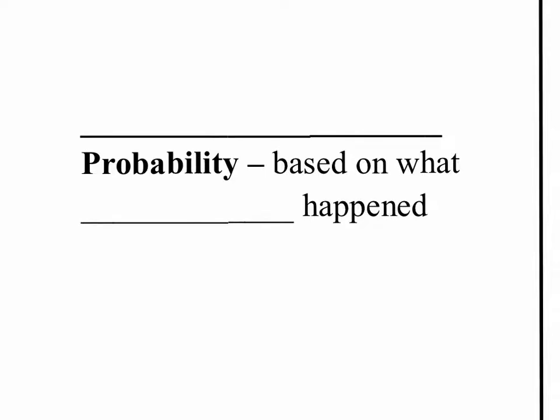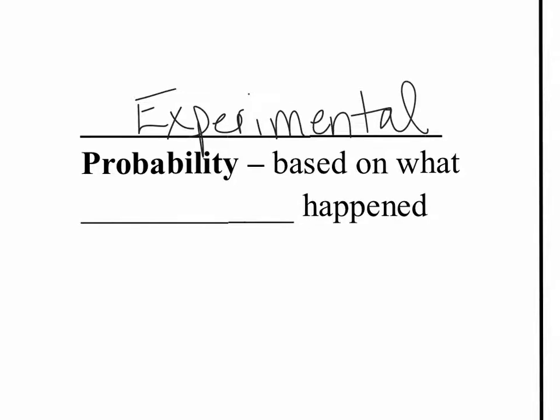And as you probably guessed, experimental probability is based on what really or what actually happened. What actually happened.